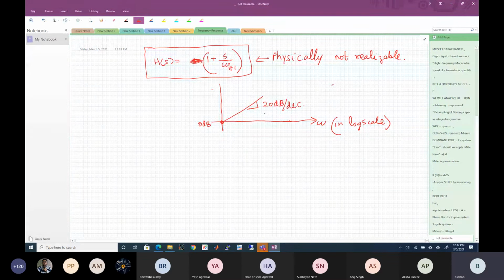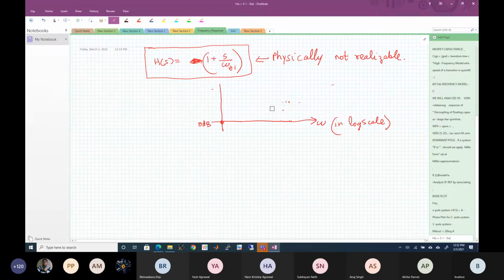Sorry, I made a mistake. At omega equal to omega z1, until then it will almost be flat, and at omega equal to omega z1 it will be 3 dB.